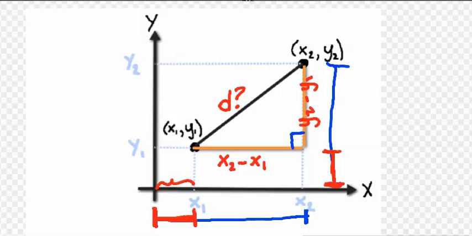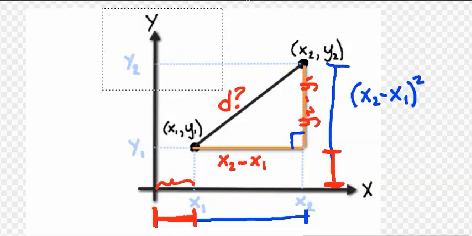Alright, so let's now use the Pythagorean Theorem. So we've got our first leg. Our first leg is x2 minus x1 squared. Let me move things around a bit so we have room.